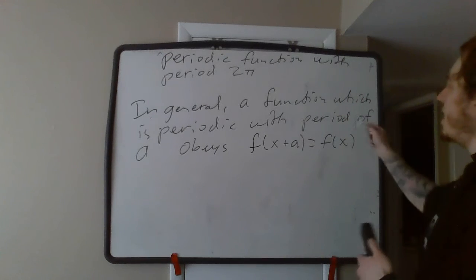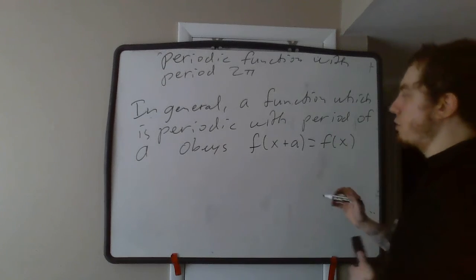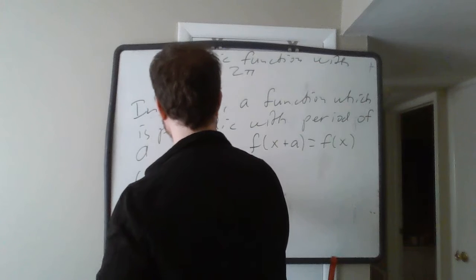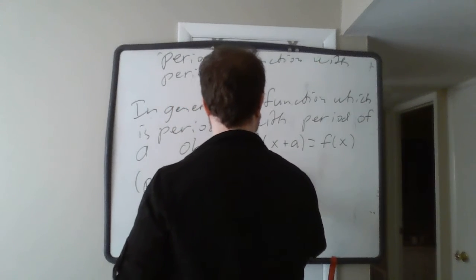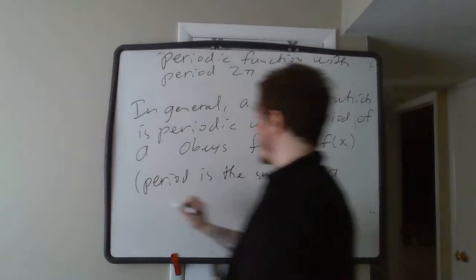And we take the period to be the smallest a for which this is true. So the period is the smallest a for which this is true.